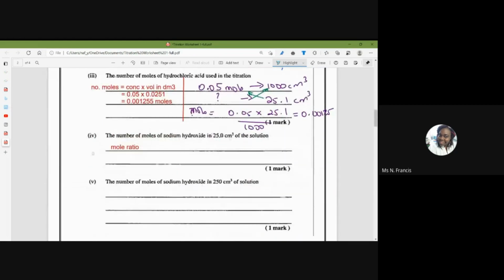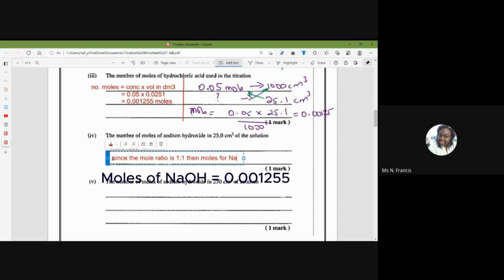It's a 1 to 1. Very good. So this mole ratio here is actually a 1 to 1. What does a 1 to 1 mole ratio mean? Since the mole ratio is 1 to 1, then the moles for sodium hydroxide is equal.